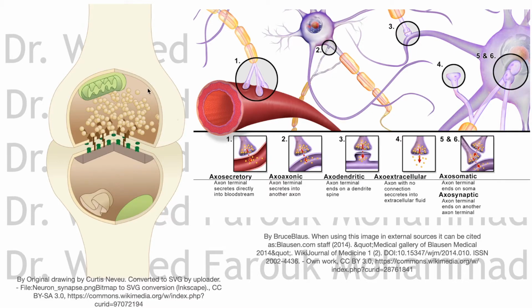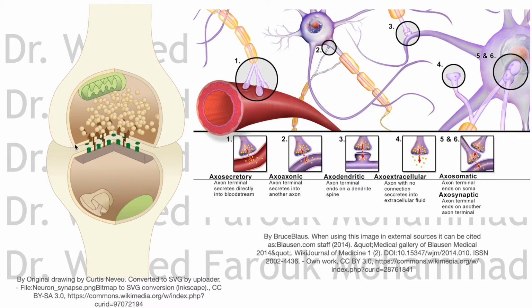This is a picture showing you the chemical synapse, where at the synaptic terminal you can find the vesicles containing the neurotransmitters to be released, and calcium plays an important role in the release of the neurotransmitter in the chemical synapse.